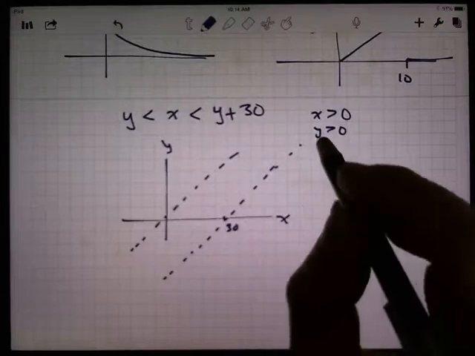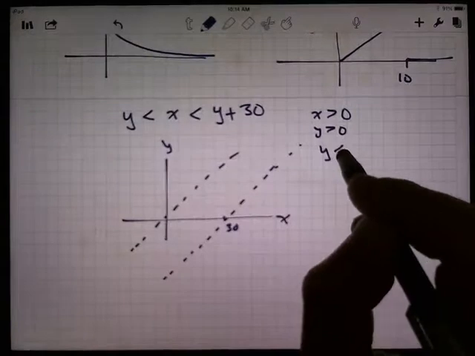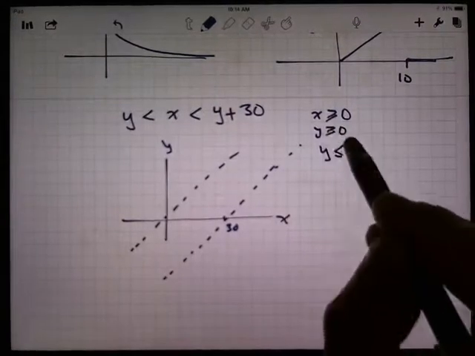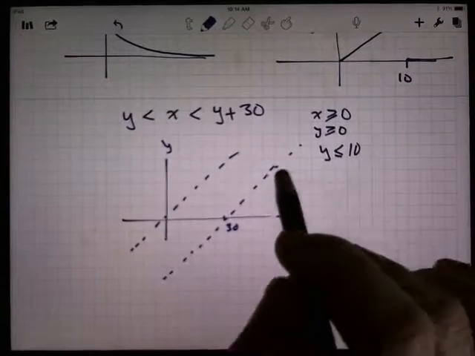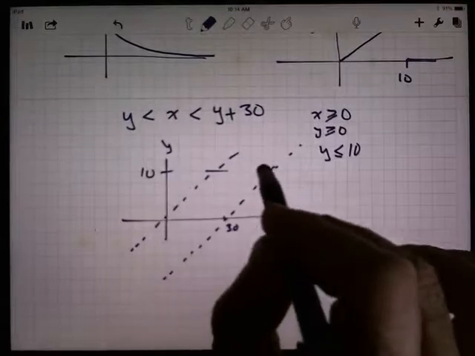I also know that y is less than or equal to 10. So there's a cutoff here at 10 that you don't ever get bigger than.